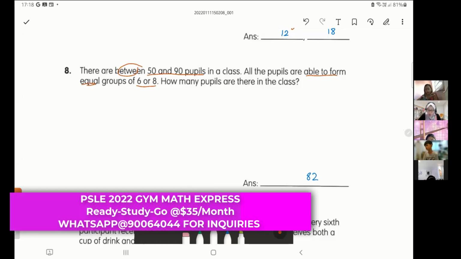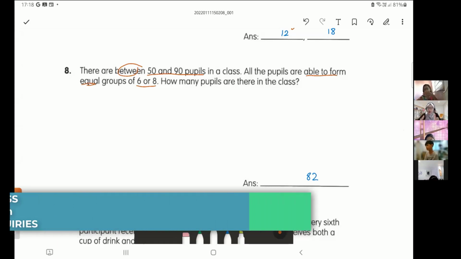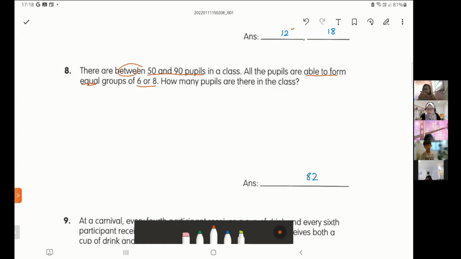So when they say you can divide them equally into 6 or 8, they are trying to tell you that it is actually the multiples of 6 and 8. But the number is between 50 and 90. Cannot be bigger than 90, cannot be smaller than 50.